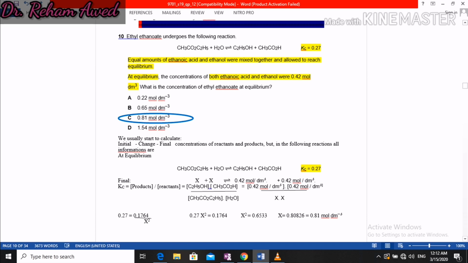So we can say that x squared by mathematical calculation equals 0.6533. x equals 0.808. We can say it's approximately 0.81 mole per decimeter cubed. So it is the correct answer for question C.